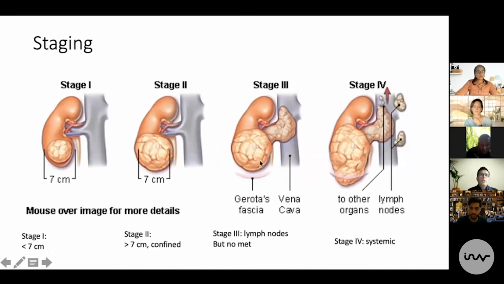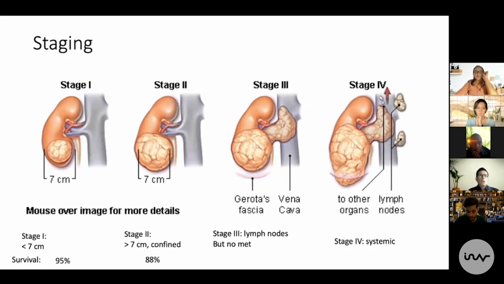So the renal fascia is not broken, but spreading into the renal vein is possible, and also lymph nodes may be involved. And stage 4 is when there is a breakthrough of the renal capsule, and or there are distant metastases. And as we discussed, lungs and bones are the primary sites of renal cancer metastasis.